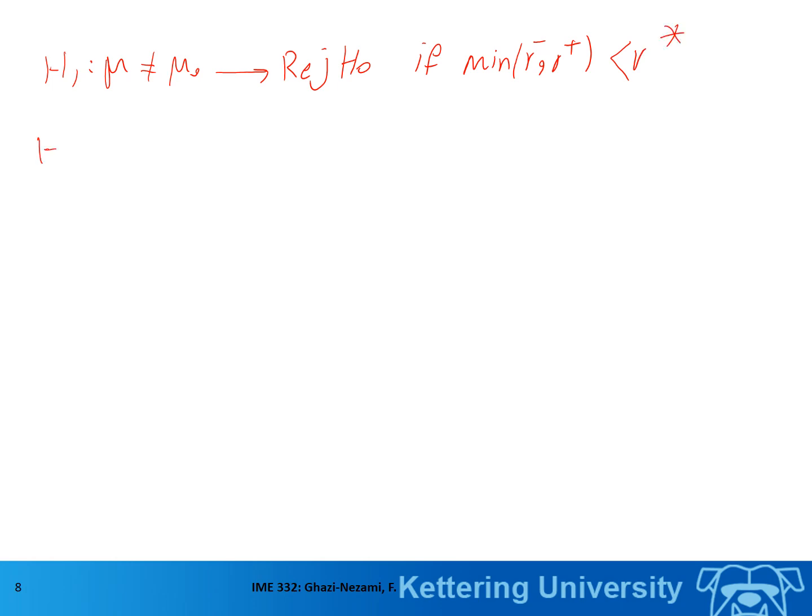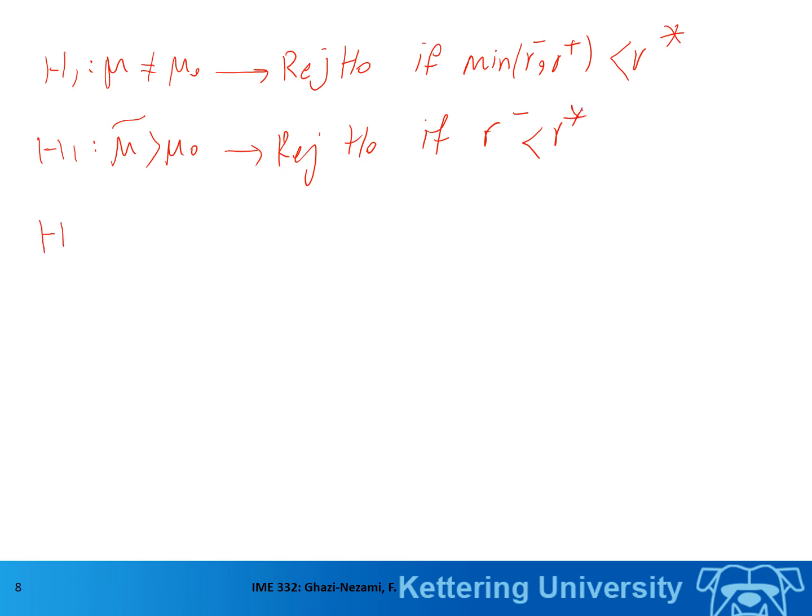If I have an upper-sided test, for example mu greater than mu naught, I will reject H null if R minus is less than the threshold.